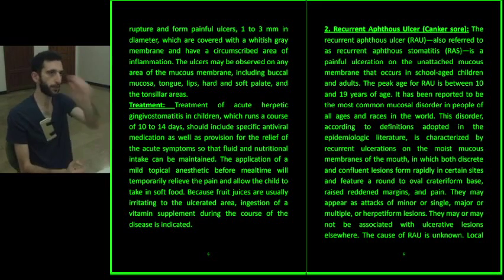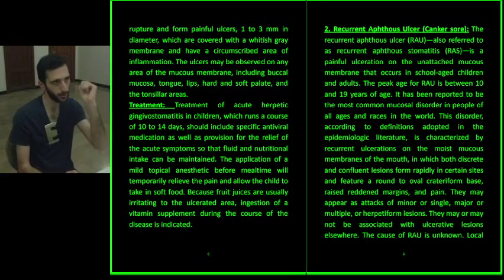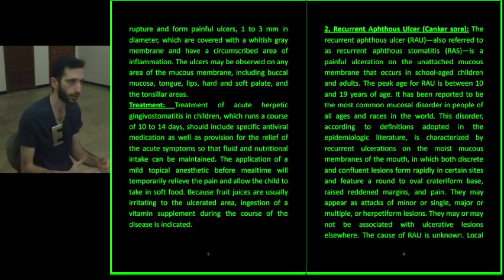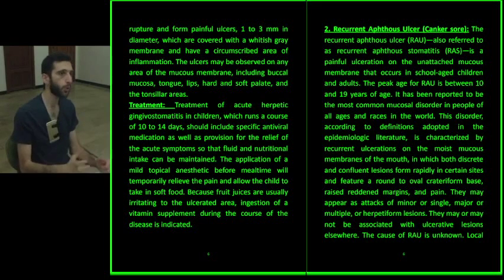Now we will talk about the recurrent aphthous ulcer, RAU, also called recurrent aphthous stomatitis, RAS, or canker sore, CS. The recurrent aphthous ulcer is a painful ulceration in the attached mucosal membrane that occurs in school-aged children and adults.